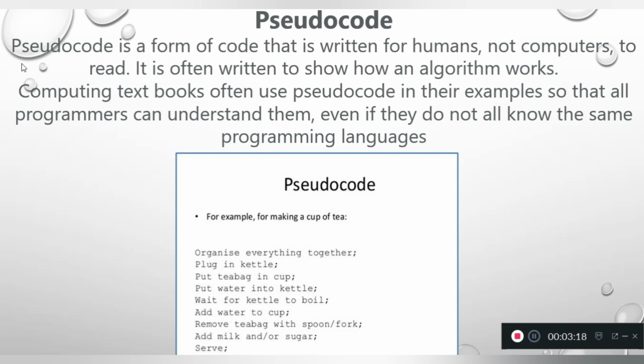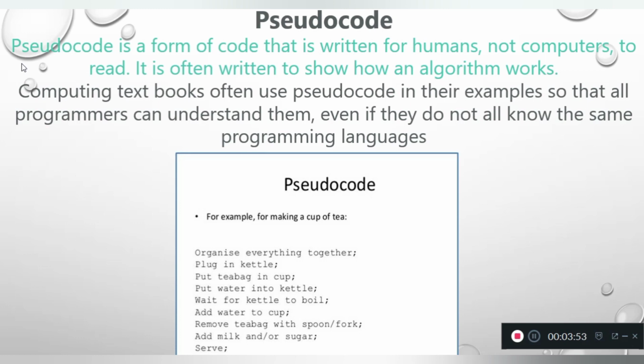In this word, P is silent and we will pronounce it as pseudocode. Pseudocode is a form of code that is written for humans, not computers, to read. It is often written to show how an algorithm works.